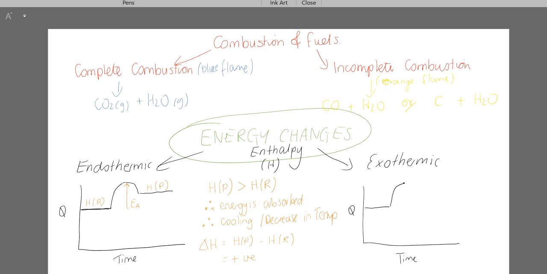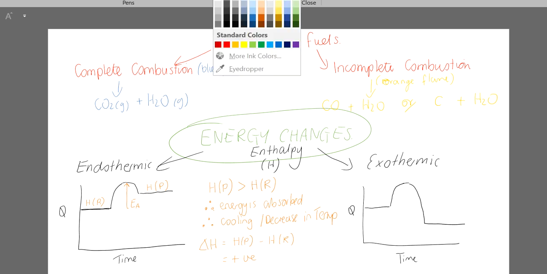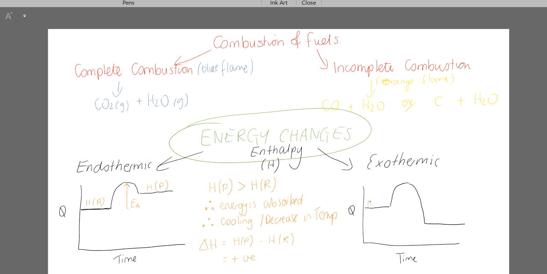Those forces are broken, the reactant particles are broken into atoms, think about it that way, and the reforming products of an exothermic reaction have less chemical energy. The energy of the products is less than that of the reactants. So we've got energy of our reactants, energy of our products.